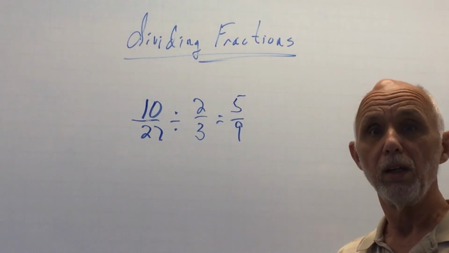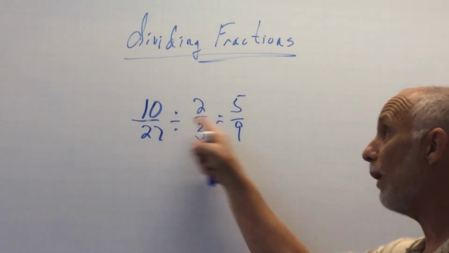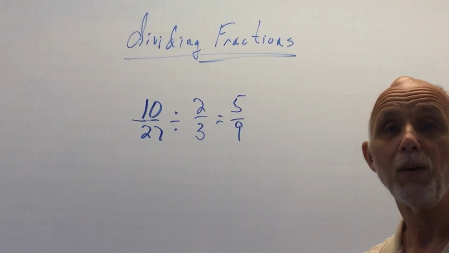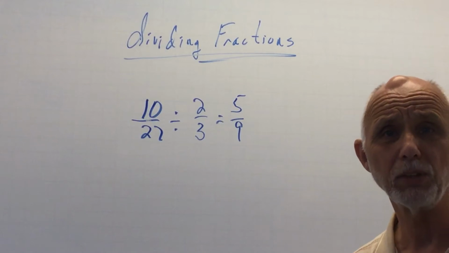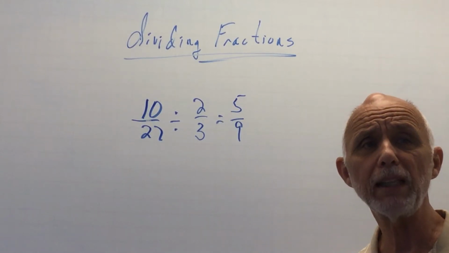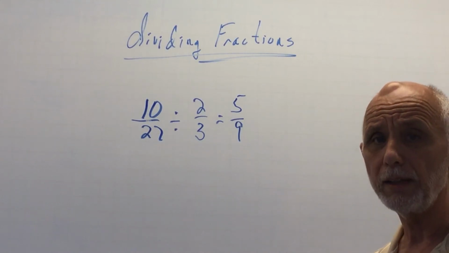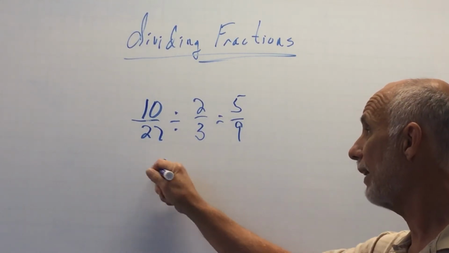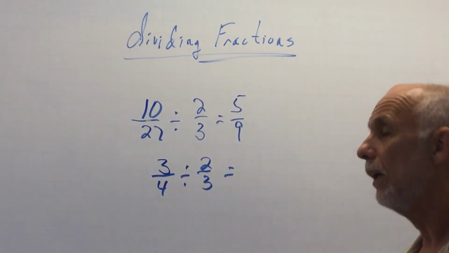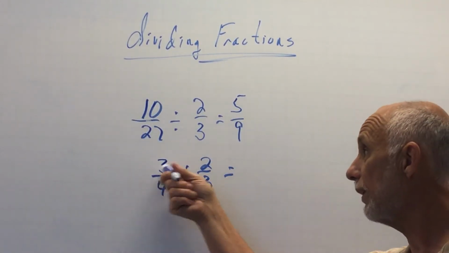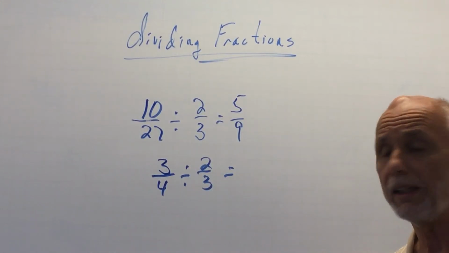And you go, cool, so that's all I need to do. No, because this way of dividing fractions only works 1 out of every 10 times, or maybe even 1 out of every 20 times. What good is there to use something that doesn't work all the time? And you go, I don't get it. Why won't it work all the time? Because if I had something like this, 3/4 divided by 2/3, I can't do it that way, because 2 doesn't go into 3 evenly.